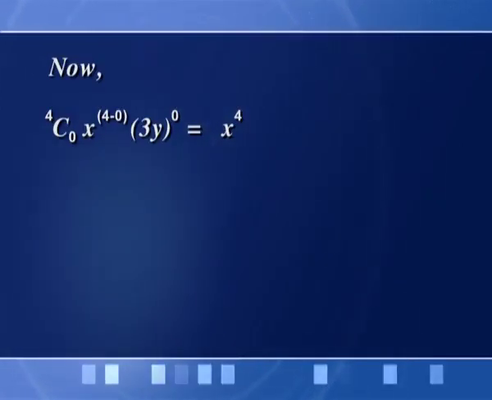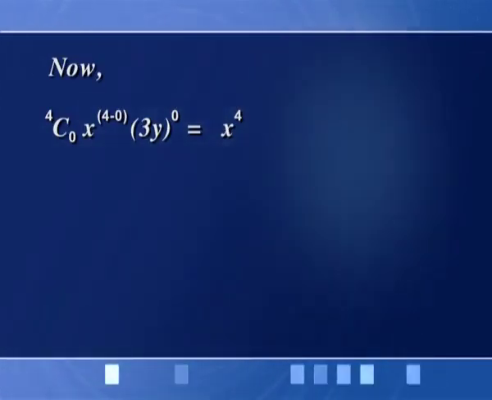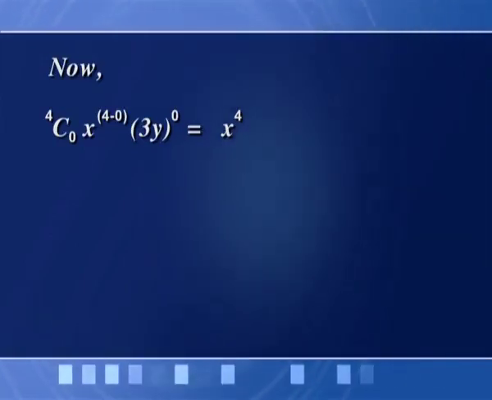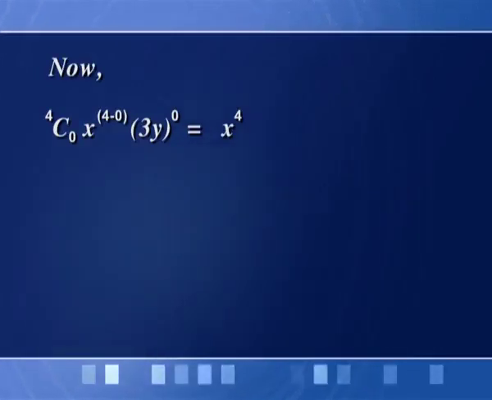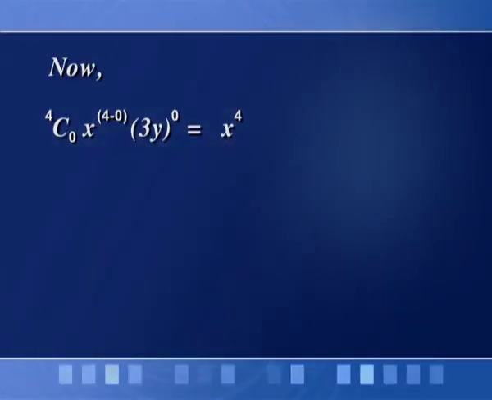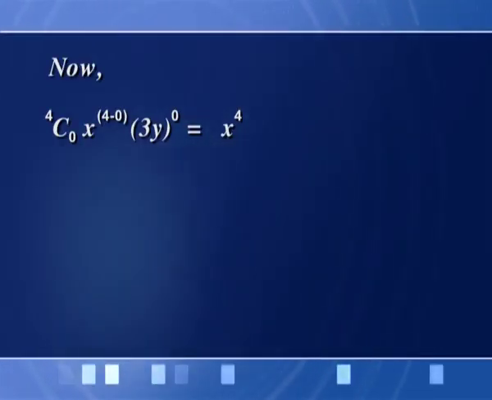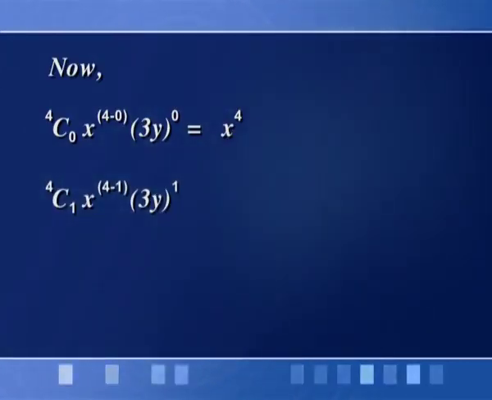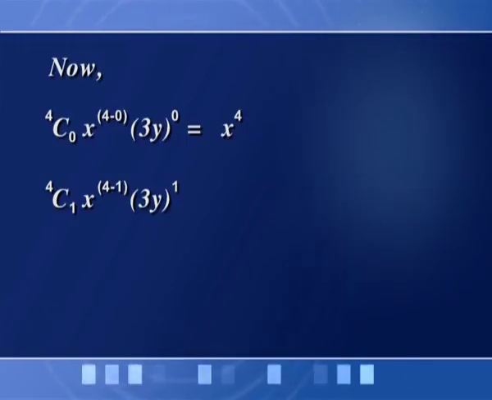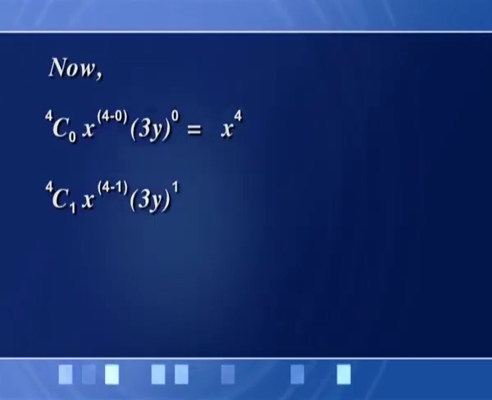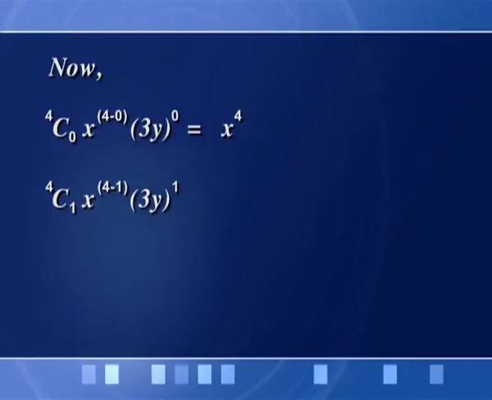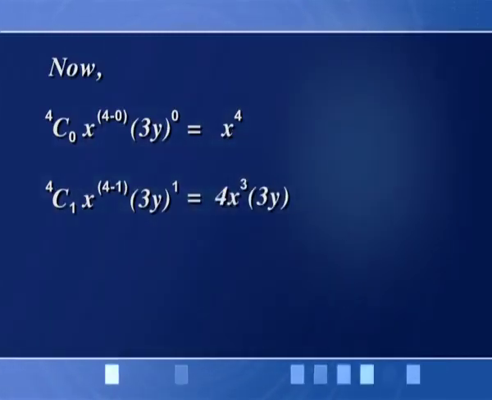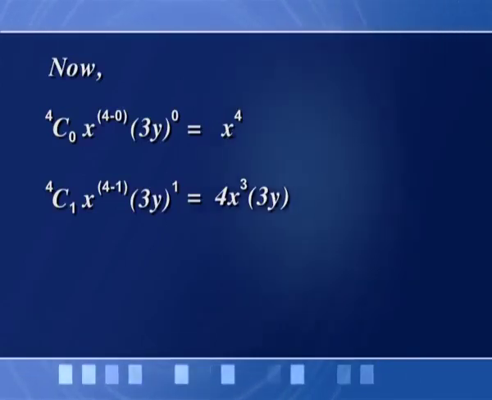4C0 x^(4 minus 0) (3y)^0. On solving this, we will get the value x raised to the power 4. The next term, which is 4C1 x^(4 minus 1) (3y)^1. On solving, we will get 4 into x cube into 3y.